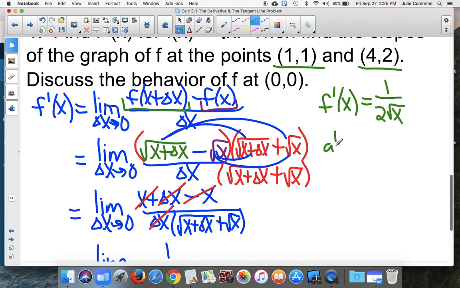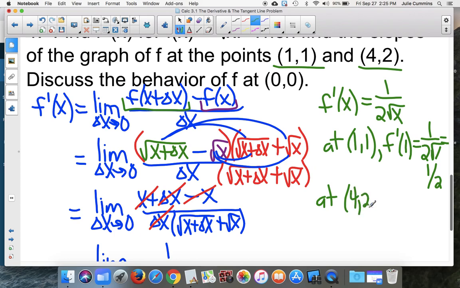So at the point (1, 1), the way we find the derivative, or the slope of the tangent line, is we're going to do the derivative at 1. We're just going to plug in 1, which is 1/2. Okay, so the slope of the tangent at the point (1, 1) is 1/2.